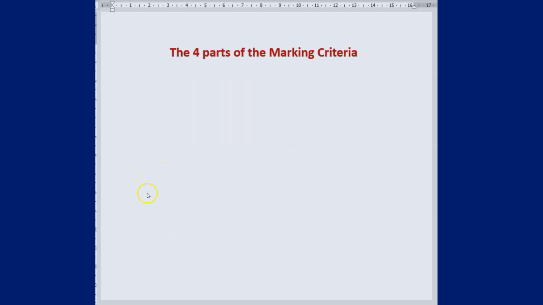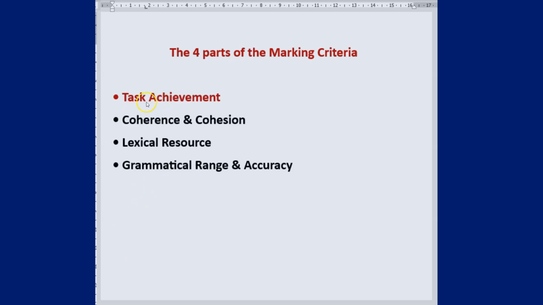The writing test is graded using 4 factors. These are: 1, task achievement. When we talk about task achievement, this is the part of the grade where they check whether you have been able to fully answer all parts of the question.